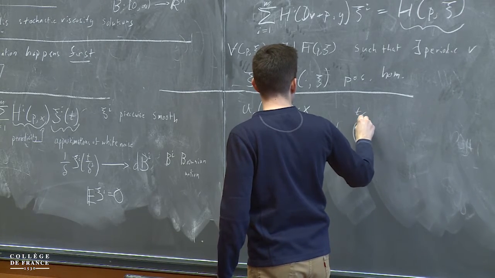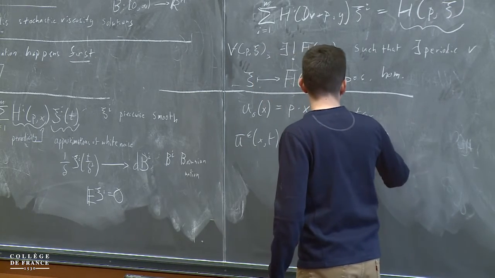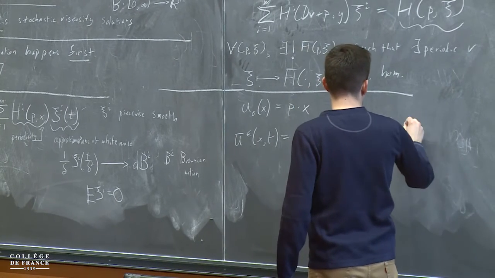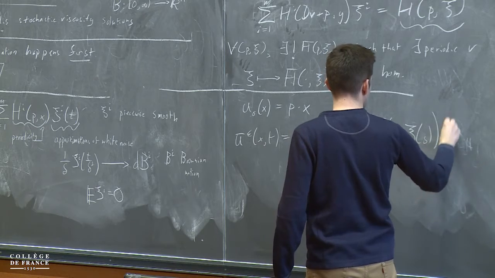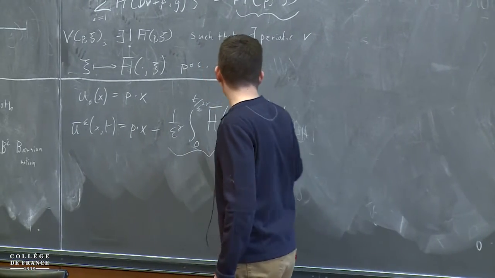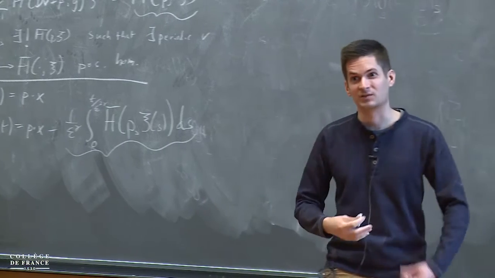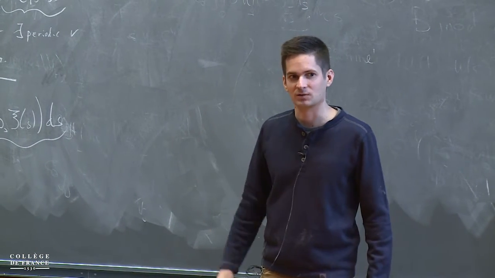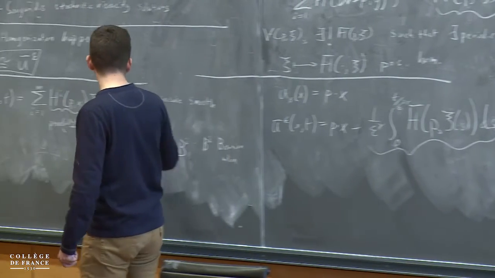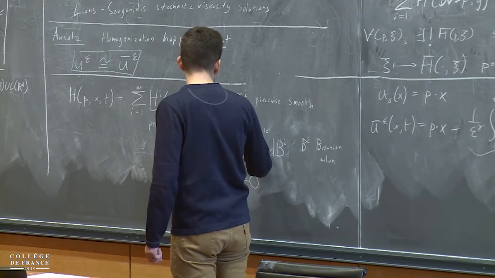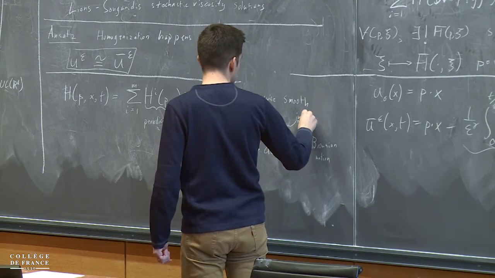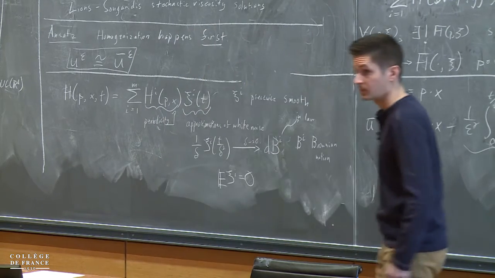And I can do a change of variables. Minus. Now, the limiting behavior of this is much easier to deal with, depending on what assumptions I put on my approximate white noise. Now, there are many assumptions that will guarantee this kind of convergence. By the way, I should mention this is in the law sense, in the sense of converging in distribution.